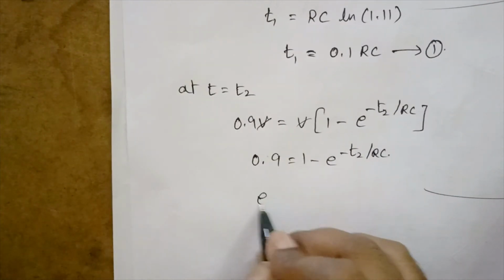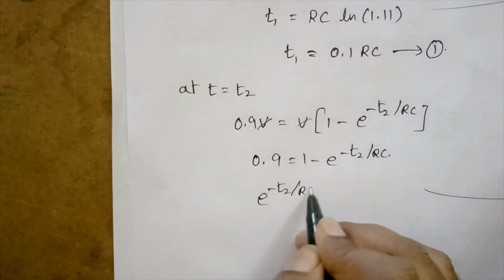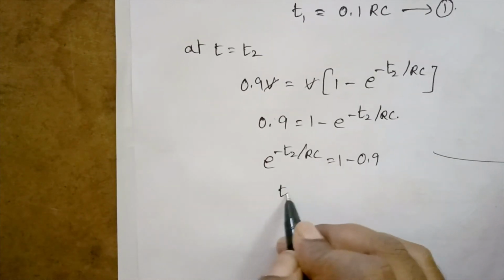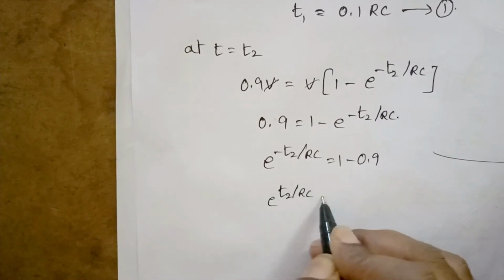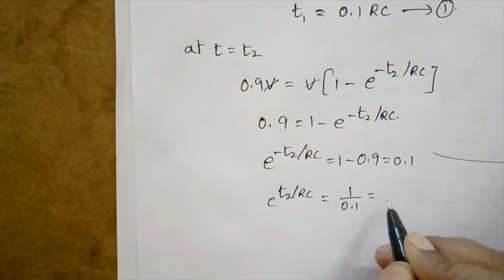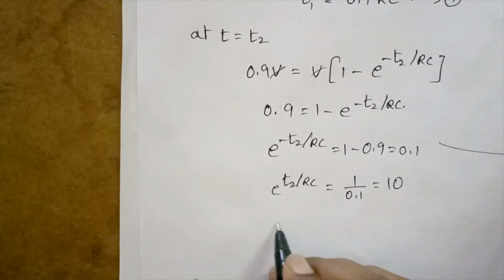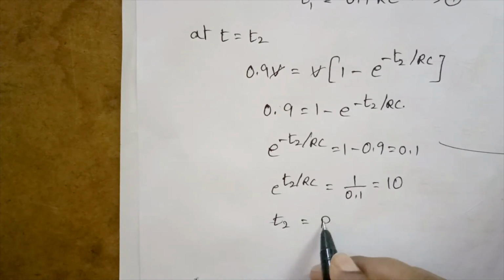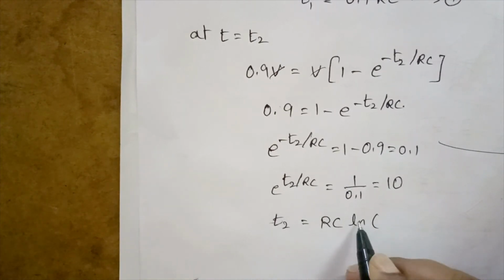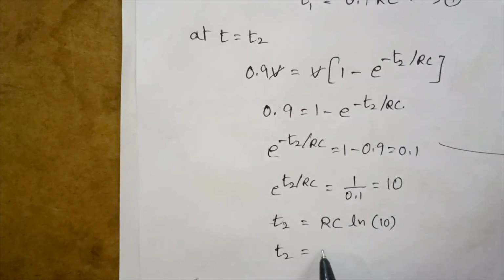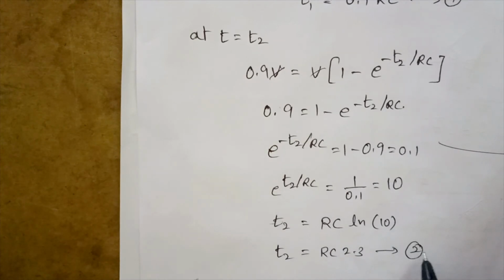So e power minus T2 by RC is equal to 1 minus 0.9. So e power T2 by RC is equal to 1 divided by 0.1, which is 10. Apply natural logarithm on both sides. So we are getting T2 is equal to RC into ln of 10. What is the ln value of 10? RC into 2.3. Let this be equation 2.